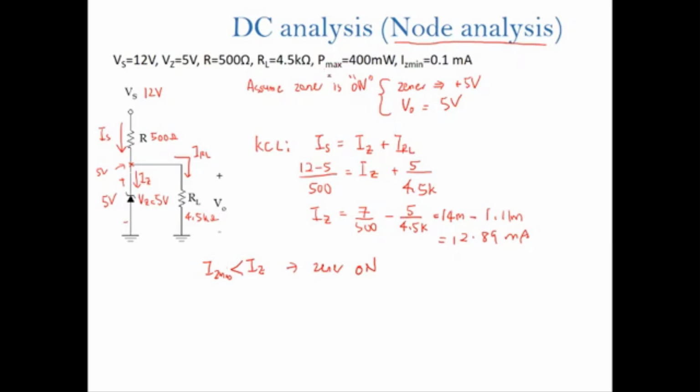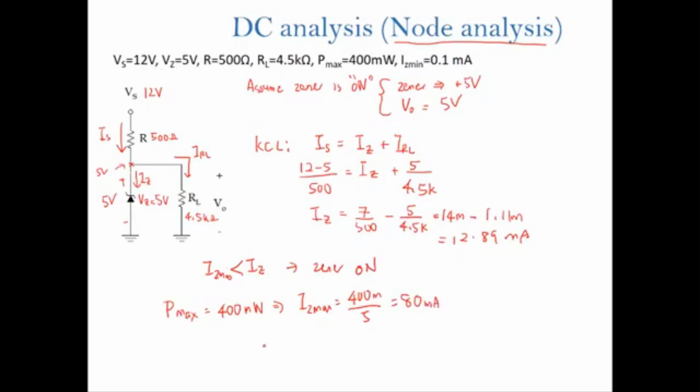So how about the maximum limitation? The given parameter is Pmax, which is 400 milliwatt. From the Pmax you can get IZ max. IZ max is 400 milli over 5, which is 80 milliampere.